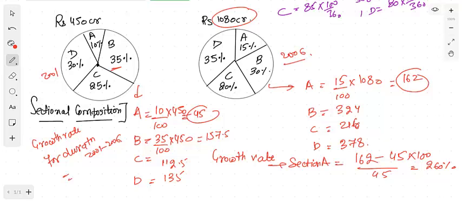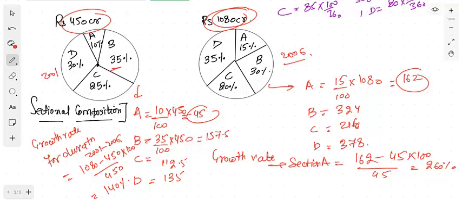You can find it by taking the complete value now, minus 450, divided by 450, into 100, and this will give you 140%. Since we are not talking about the individual section, we are talking about the complete duration, we take the complete values, which are 450 and 1080, subtract, divide by 450, multiply by 100, and we get our final answer.